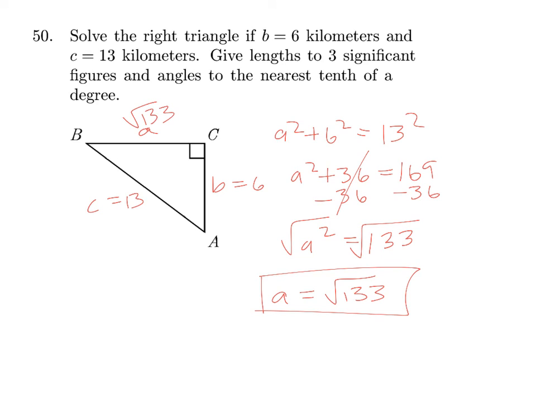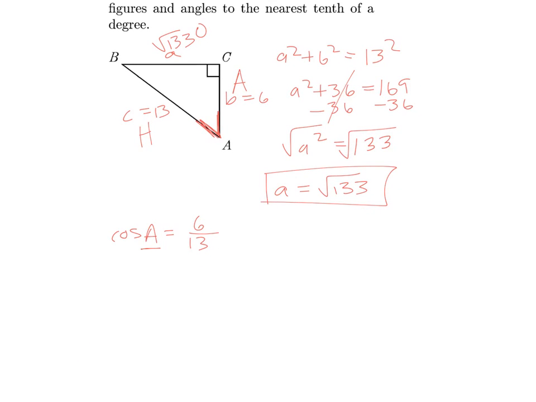Now I want to figure out the angle measurements. In this case, you could choose whichever trig ratio you want. This is my opposite, this is my adjacent, this is my hypotenuse. I will use cosine. Cosine of A is equal to 6 over 13. So to get A by itself, which tool do you use?